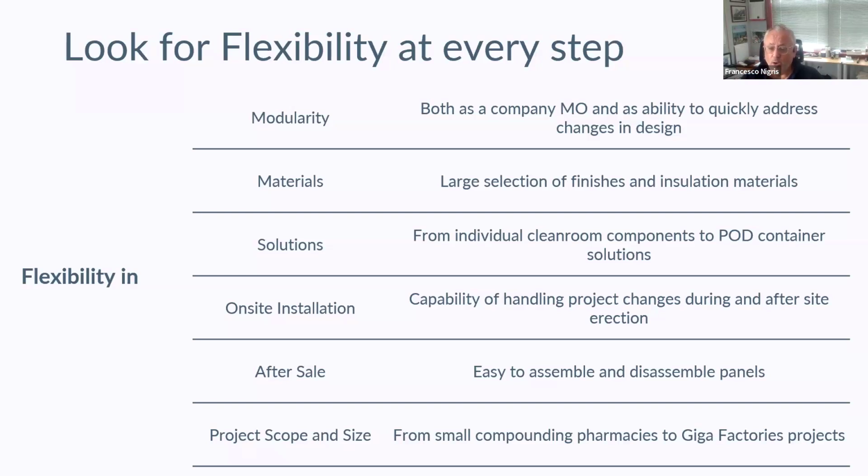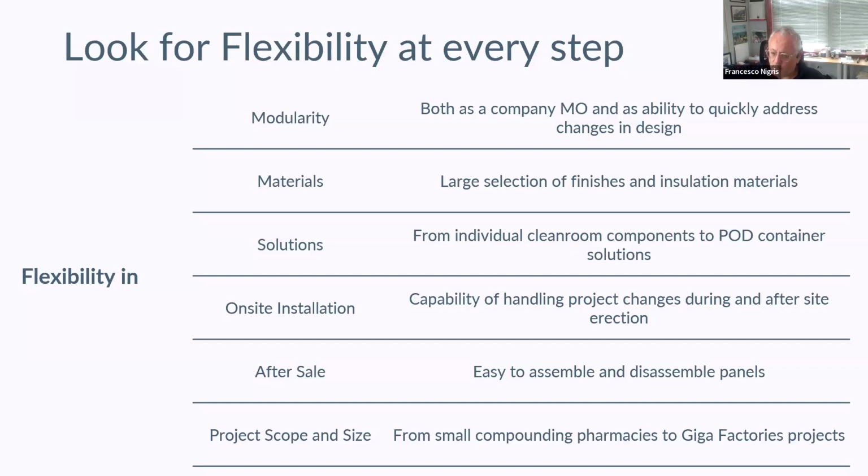There is also the possibility of having a crew. We use factory-trained, our own installation crew, which makes the installation much more flexible, with people dealing in a proactive way during installation. And believe me, this is a very, very important point.